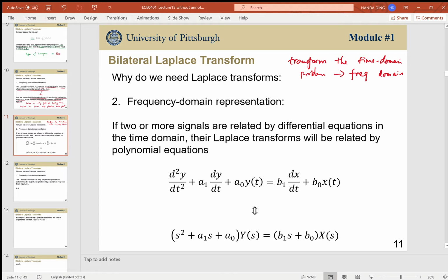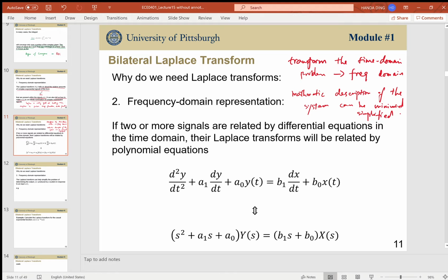And the mathematical description of the system can be minimized or simplified, right?